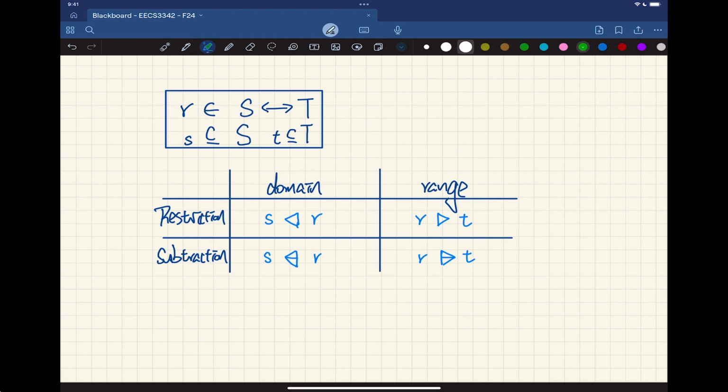So we're going this way here for the domain, and going this way here for the range. Every operator here is going to return a new relation to you, just a new relation.